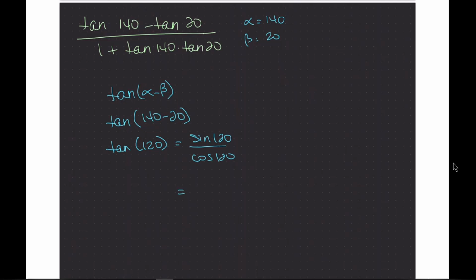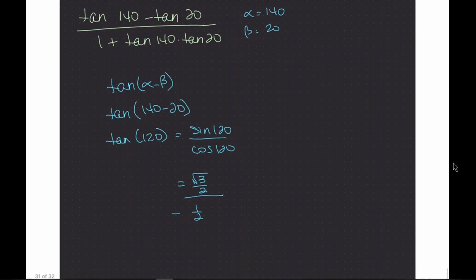When I try to find what the sine of 120 is, I know that that is going to be the square root of 3 over 2, divided by cosine. 120 is going to be in my second quadrant, so I know my cosine is going to be negative, and that's going to be a negative 1/2. Right? So I'm going to multiply by the reciprocal.